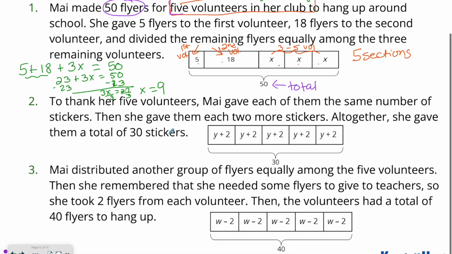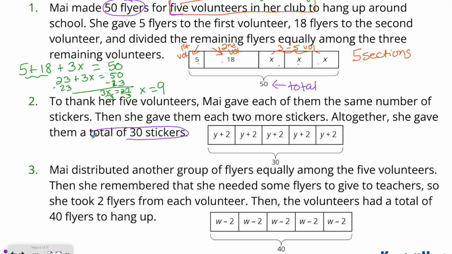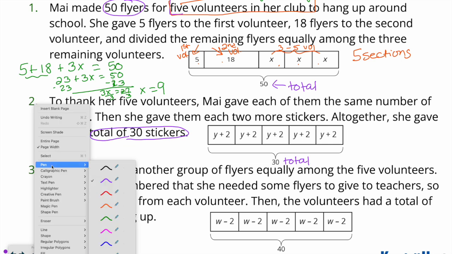Number 2, to thank her 5 volunteers, Mai gave each of them the same number of stickers. Then she gave them each 2 more stickers. Altogether, she gave them a total of 30 stickers. So the total is 30. And in my diagram, the length of the box is the total. 5 volunteers.